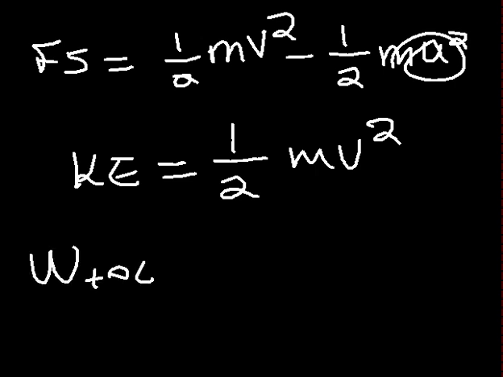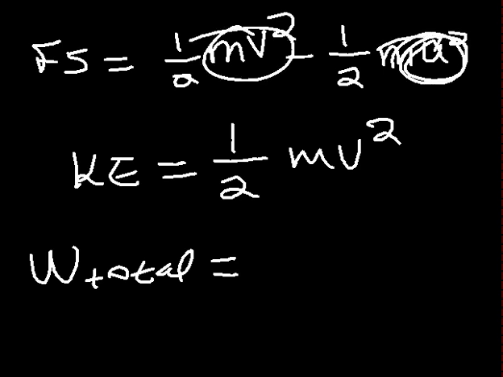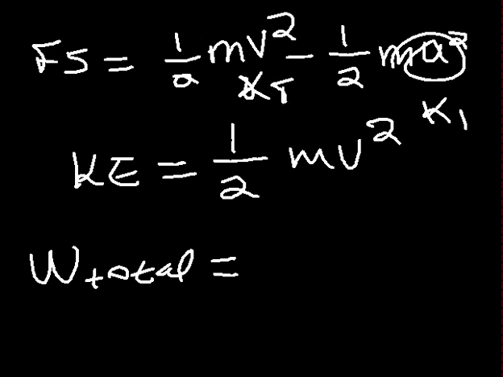And since the energy associated with the motion of the object, half mv square, is the kinetic energy, and the object is changing velocity from initial to final, this is the initial kinetic energy, and this is the final kinetic energy.